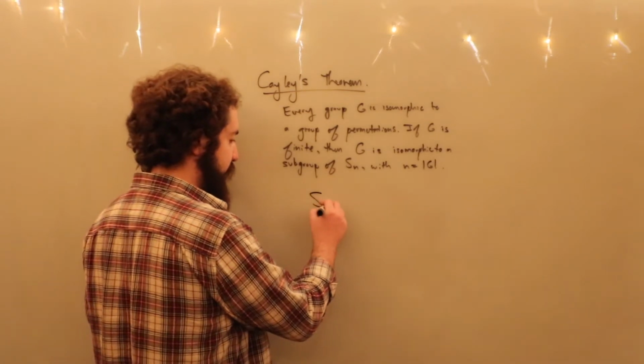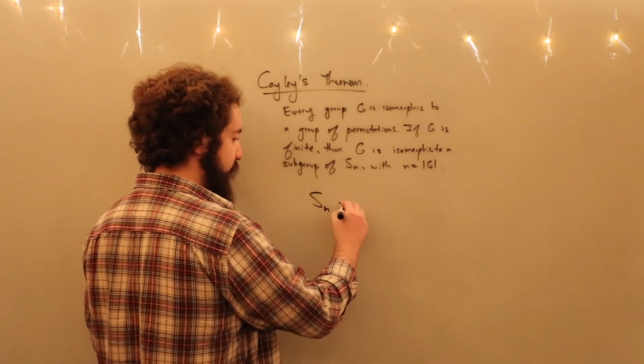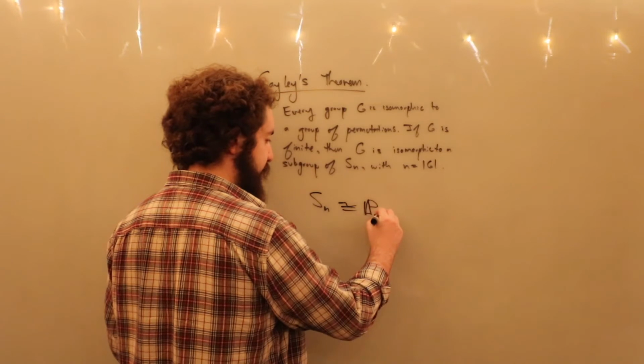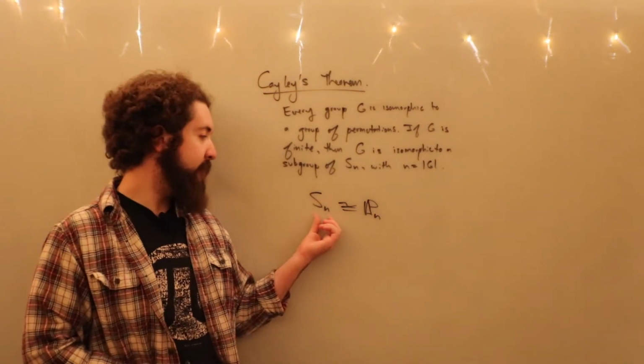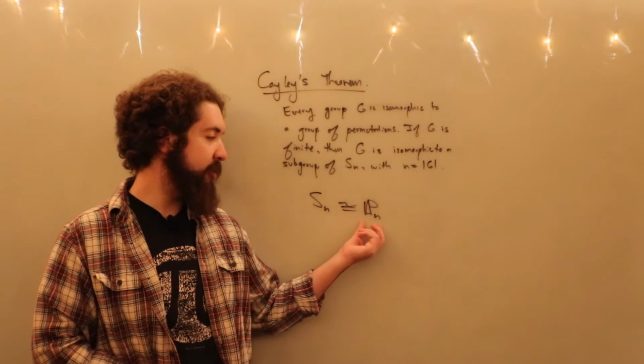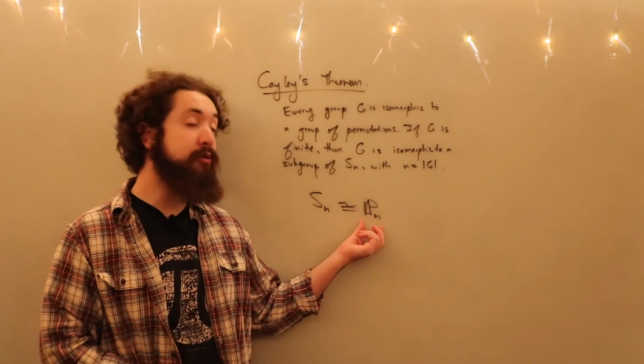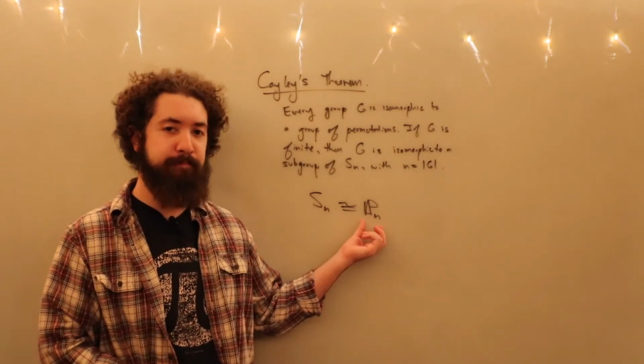We found another group, Pn, which was isomorphic to Sn. So we were able to study the structure of the symmetric group via its isomorphic relationship with this group of n by n matrices. Okay, so keep that in mind.